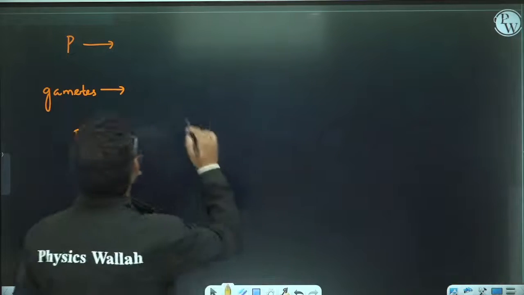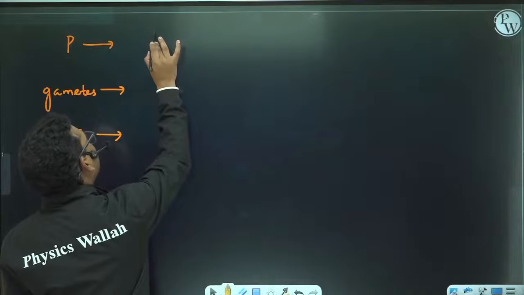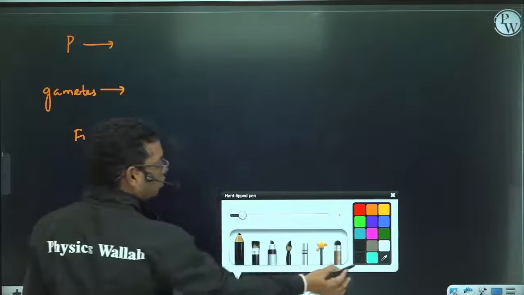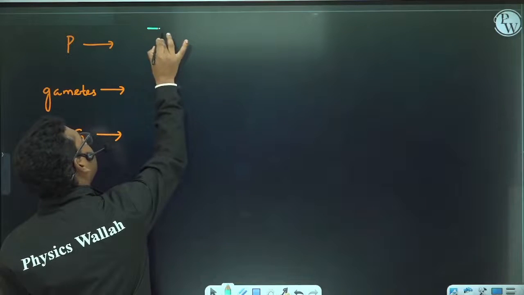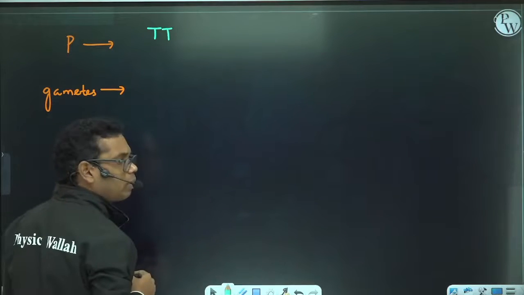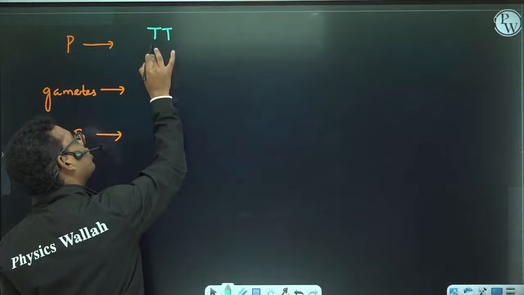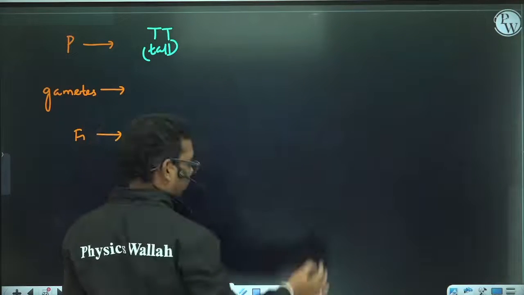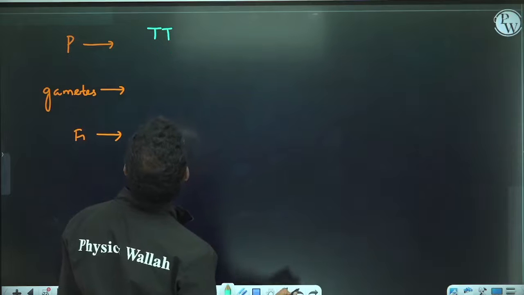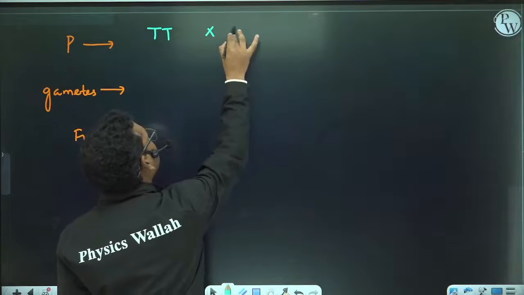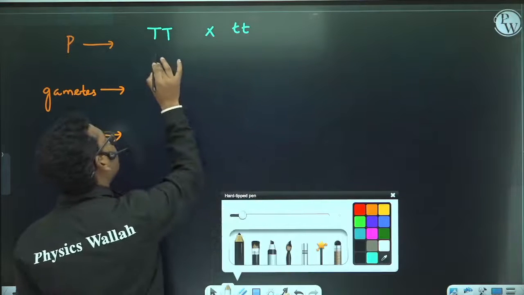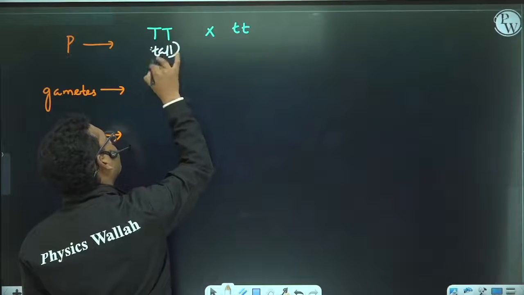So suppose I take one plant, and the genotype is capital T. So the phenotype will obviously be tall. And the second parent is small t. So this one will be tall, and this one will be dwarf.